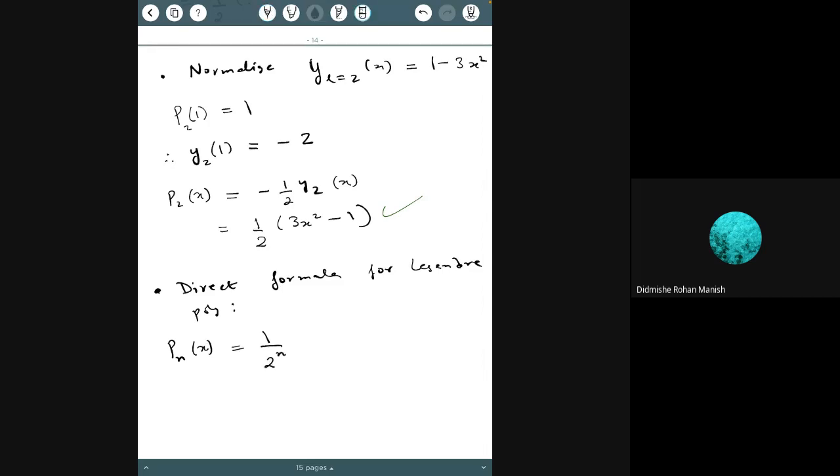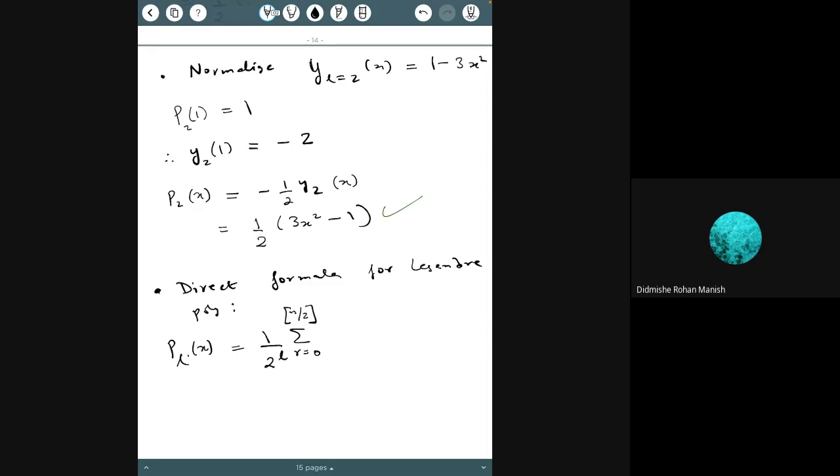Or I can say L if you like. There's a sum from r equal to 0. And this also covers both odd and even ones.